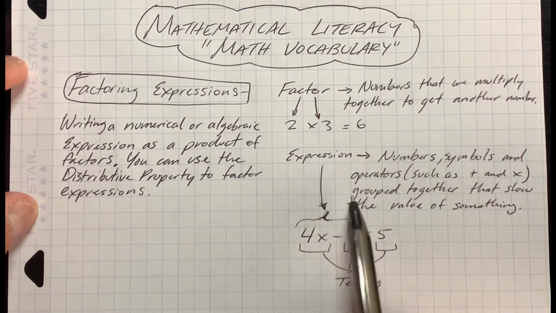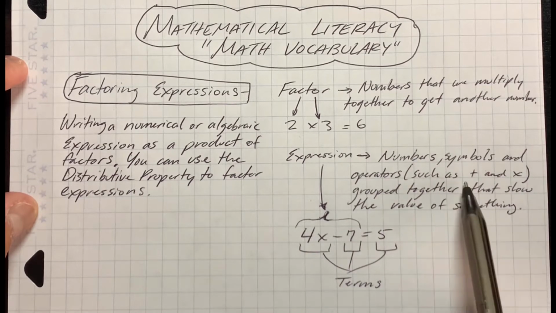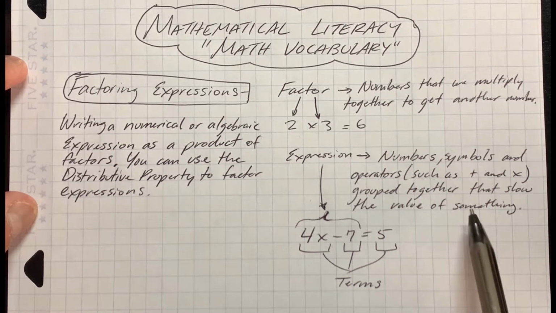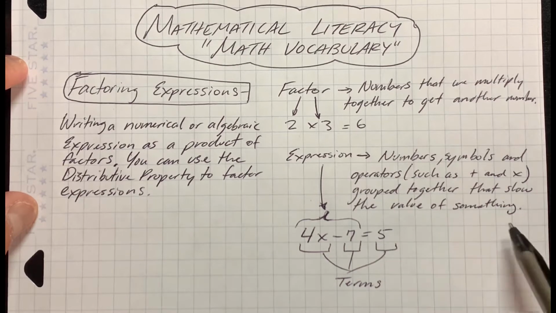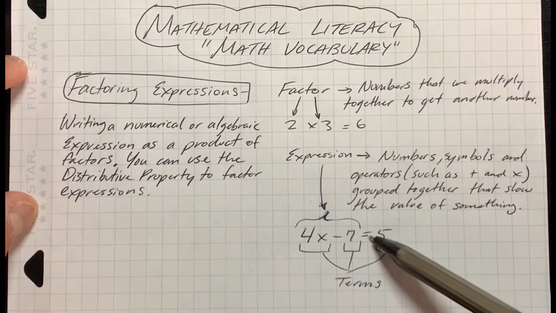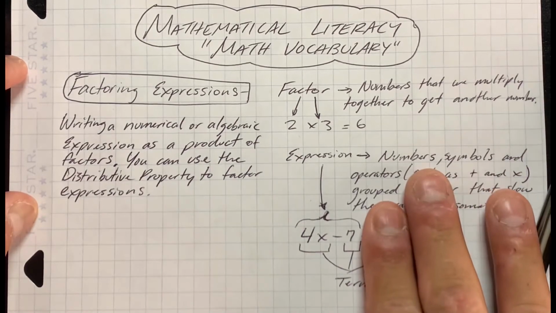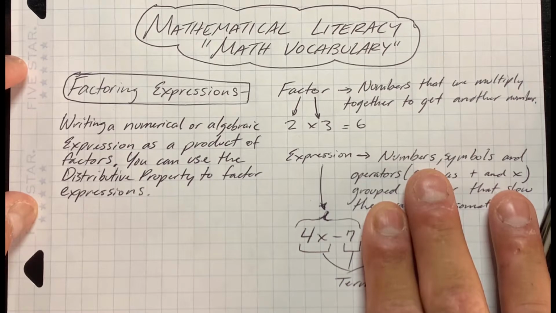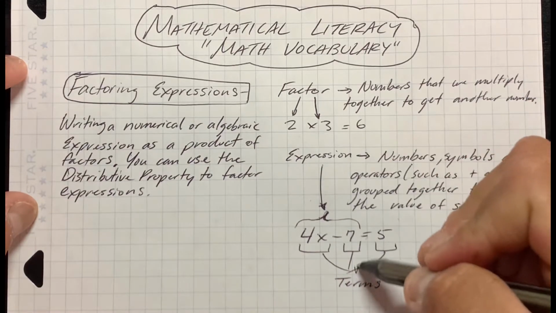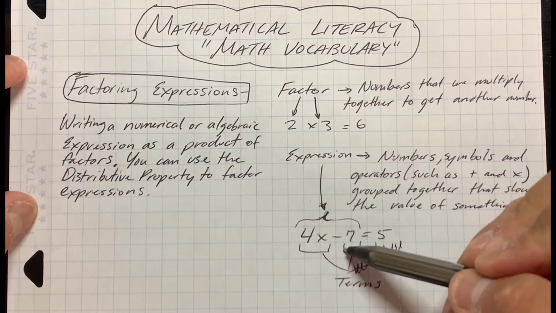Now, an expression has numbers, symbols, and operators such as addition, subtraction, multiplication, and division that are grouped together to show the value of something. In this case, we have the expression 4x minus 7. In this case, 4x is a term and 7 is a term.